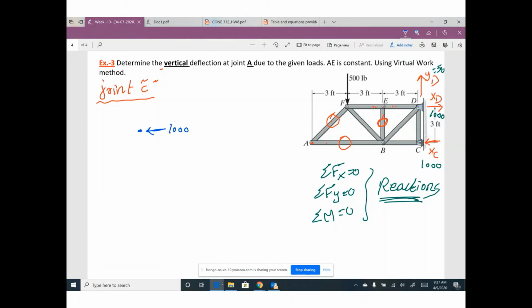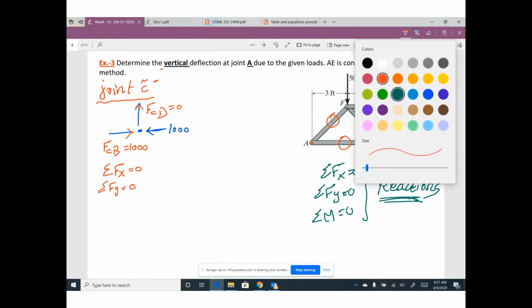We have a vertical member and a horizontal member. I think the horizontal force will be in this direction, FCB, and FCD. If you apply summation Fx equals 0, this one will be 1000. If you apply summation Fy equals 0, this force will be 0.